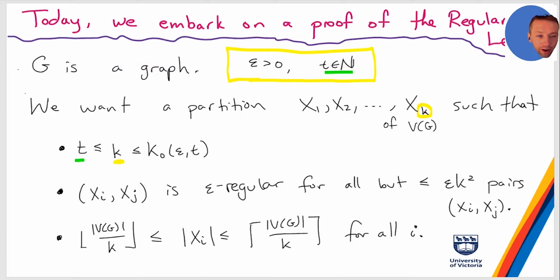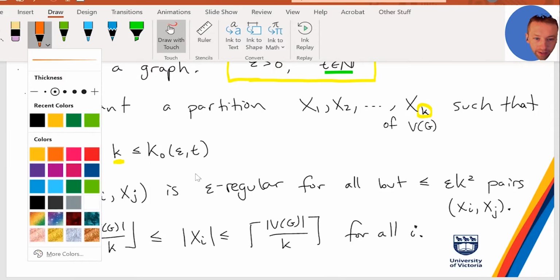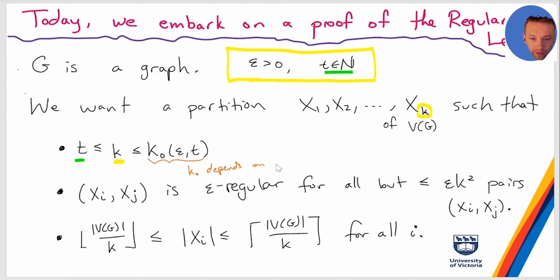When I write k naught of epsilon and t, what I mean is that k naught depends on epsilon and t, and the important thing is that it doesn't depend on G. So all I'm doing here is restating the regularity lemma. We've seen this before, but that was last week, and it's important to get this statement straight.